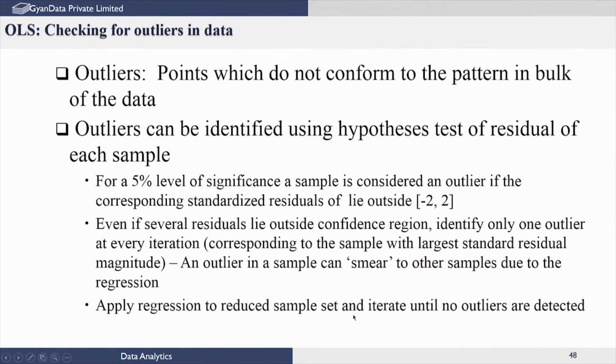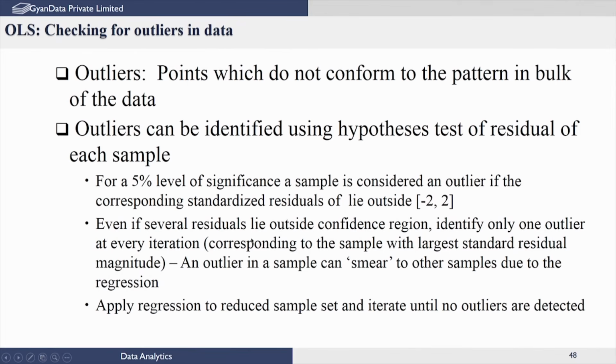The only thing when we do outlier detection is this: it may turn out that the first time we fit a regression and do an outlier detection, we may find several residuals lying outside the confidence interval -2 to +2, 95% confidence interval, in which case we do not throw all the samples out at the same time, we only throw out the one that is most offending, which is we identify the outlier that corresponds to the sample with the largest standardized residual magnitude, which is furthest away from -2 or +2.